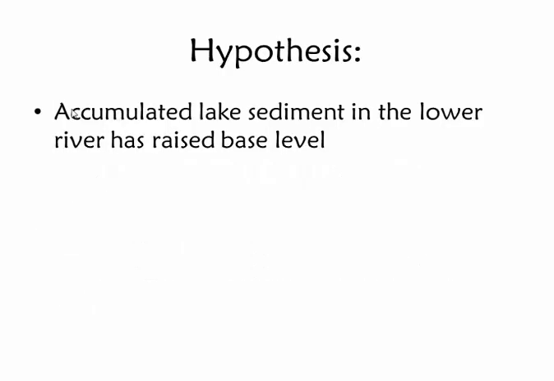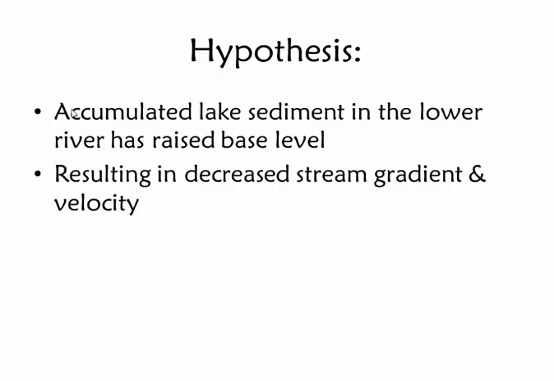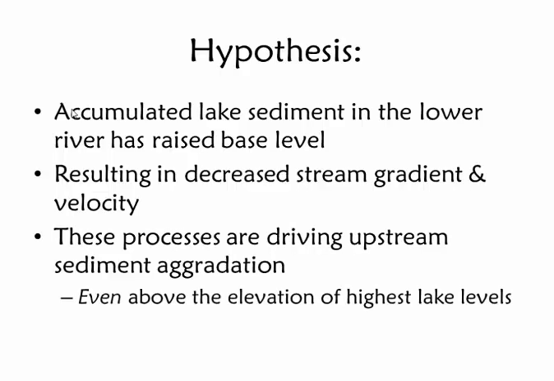So, hypotheses, very scientific process here. We have accumulated lake sediment in the lower river, and we assume that has raised base level for the river channel. And that has resulted in a decrease in the stream gradient and therefore a decrease in stream velocity. And those processes, we hypothesize, are driving upstream sediment aggradation.